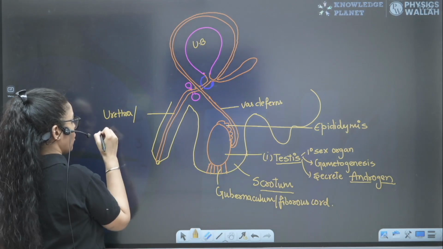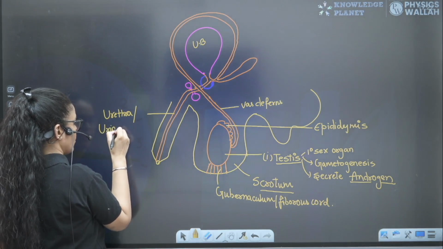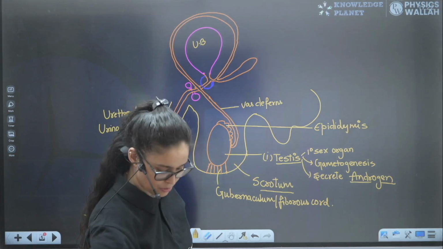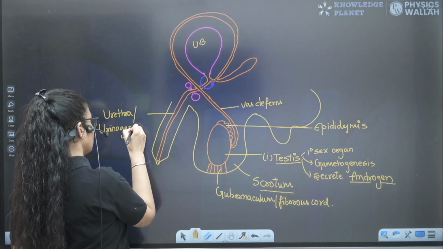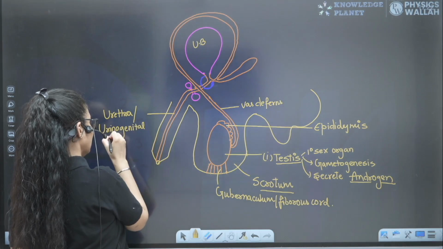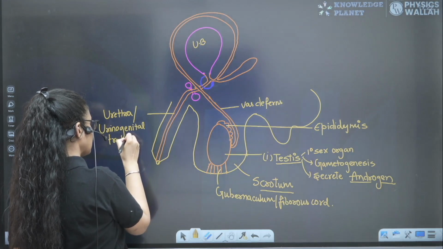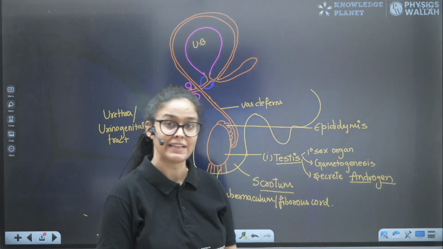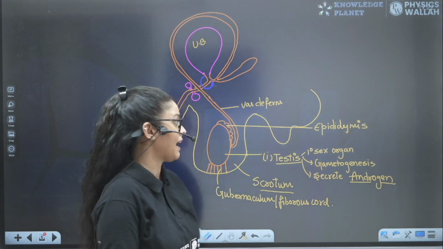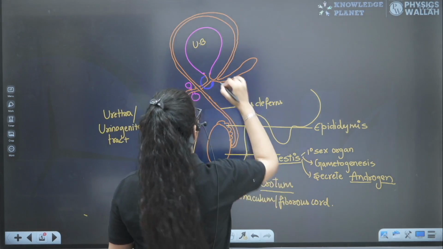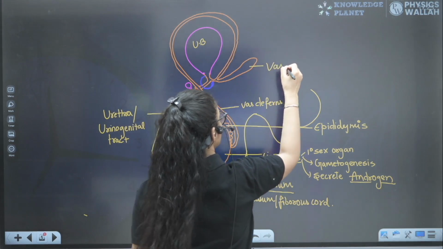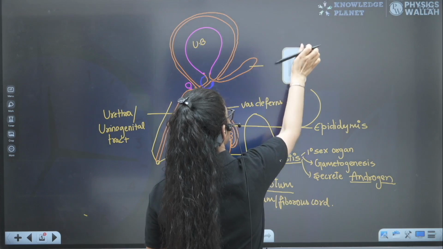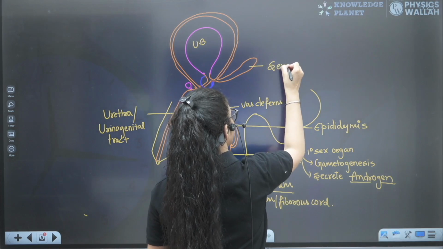Hence we call it urinogenital tract also, right? This is the common passage for urine as well as gametes, that you have to remember. We can see this is the accessory gland, it is known as seminal vesicle.